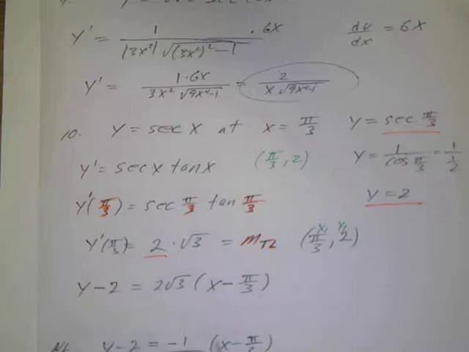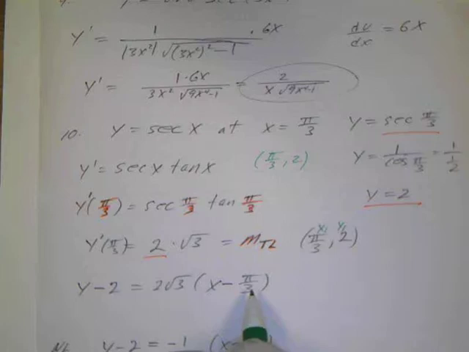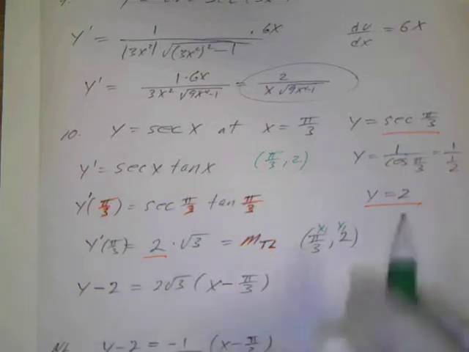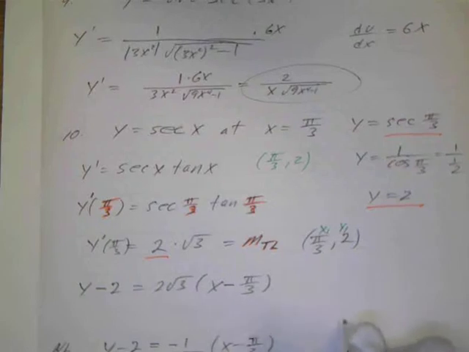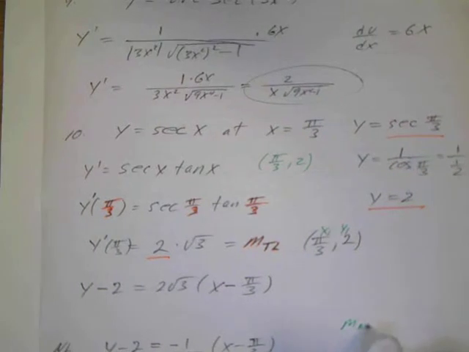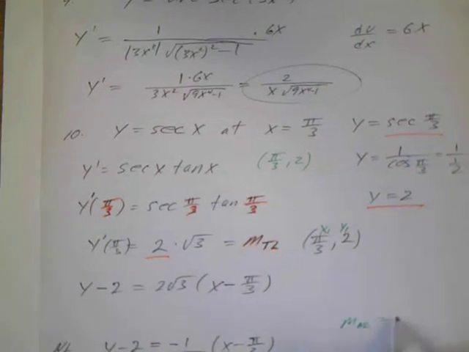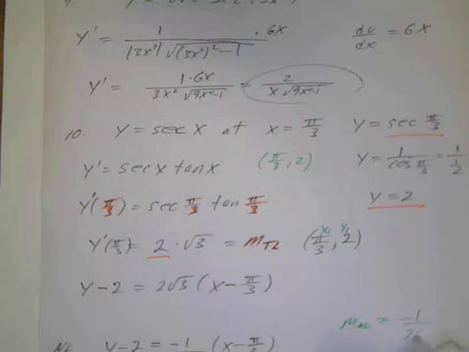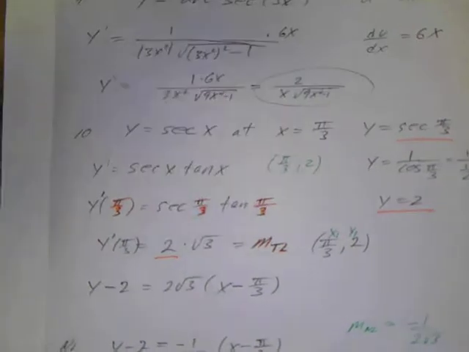And then the normal line is just the same setup, y minus y1, x minus x1, except the slope of the normal line is just the negative reciprocal, so that's going to be negative 1 over 2 times the square root of 3. And you don't have to rationalize, just leave it like that.